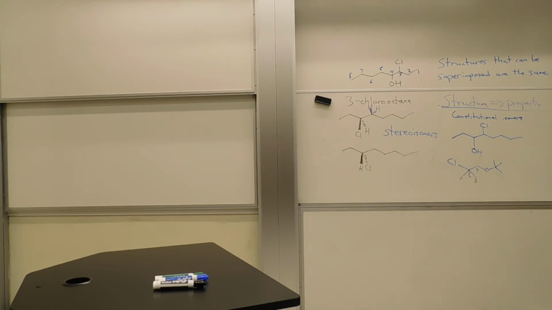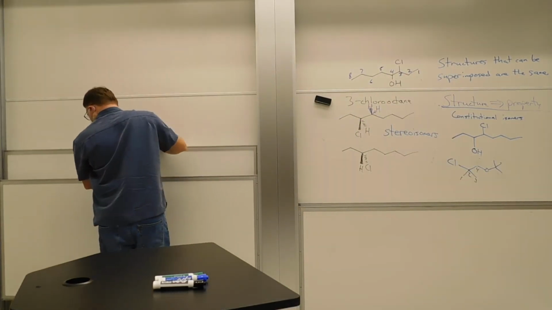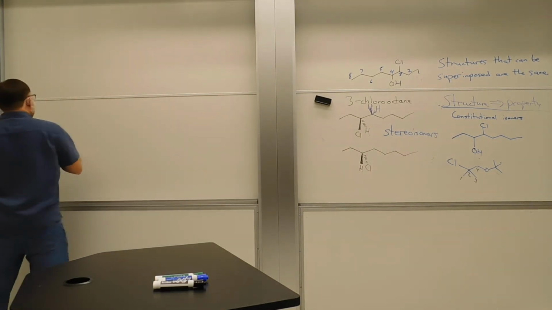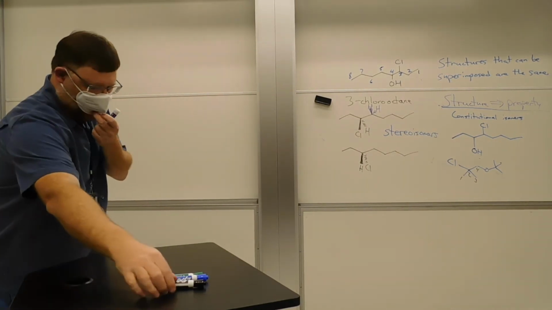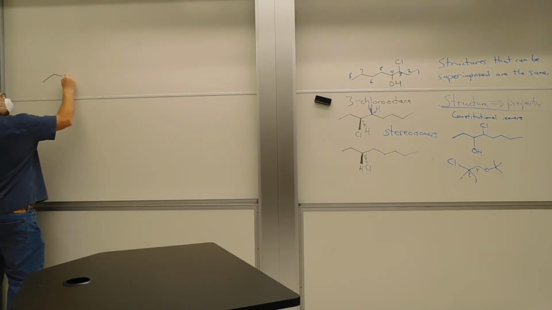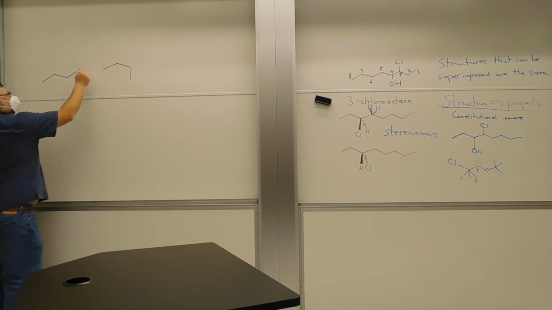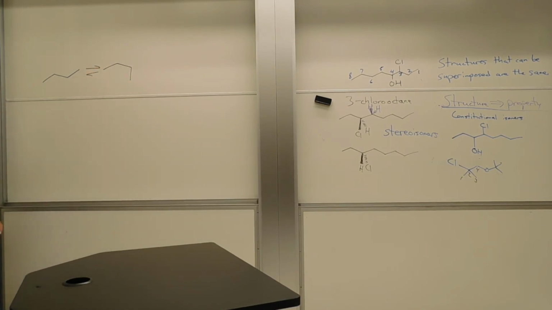The C2, let me draw this. Okay, so we would say that this is an equilibrium. The butane that's more stretched out can turn into the butane that is U-shaped, and then it can go back.